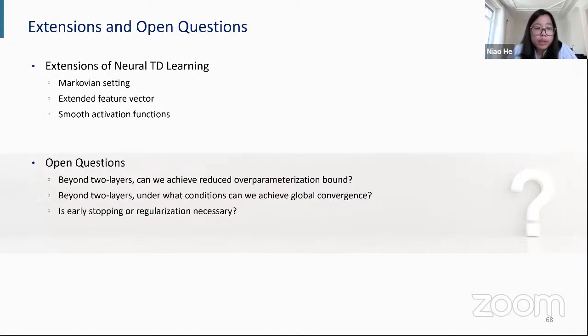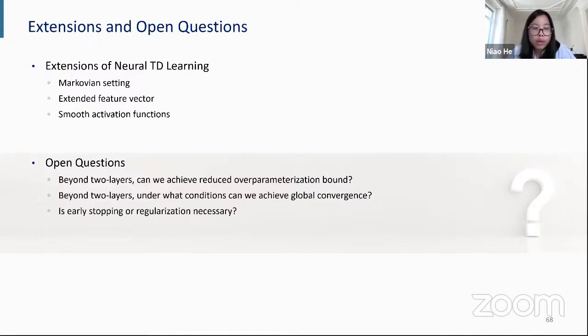And also another interesting question is whether this early stopping or this maximum regularization or L2 regularization is really necessary here. Because in practice, people don't do regularization. They just run TD learning or Q learning with neural function approximation without any projection, or they run the algorithms forever.